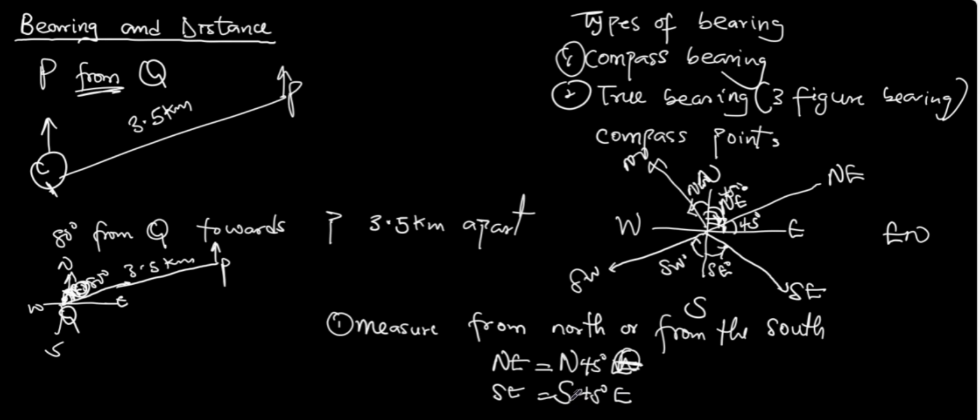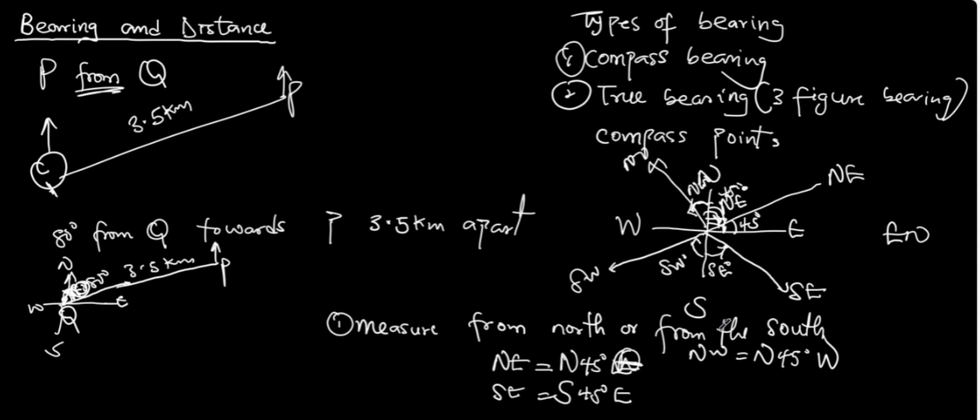So we write south 45 degrees towards the east. Similarly, the northwest degree is also 45 degrees. You write the north first, indicating that it started from the north going towards the west. So you write 45 degrees towards the west.